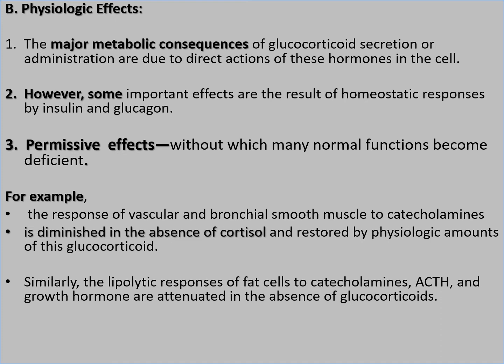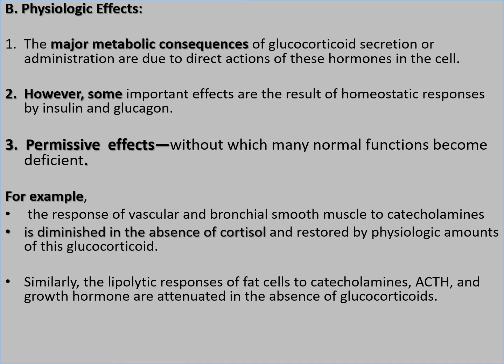Now, what do you understand by the permissive effect? For example, the response of the vascular and bronchial smooth muscle to catecholamines is reduced in the absence of cortisol, and it is restored by physiological amounts of this glucocorticoid.